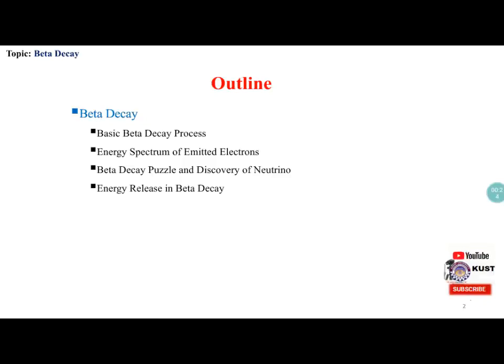First, I will discuss the basic decay process and its various modes, and then next the energy spectrum of emitted electrons will be discussed and explained, and next I will discuss the beta decay puzzle and how that puzzle was solved by the discovery of the neutrino, and next I will derive the relation for the energy release in beta decay.